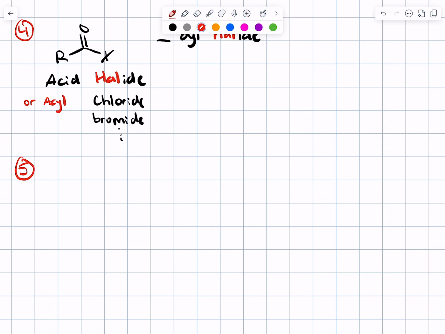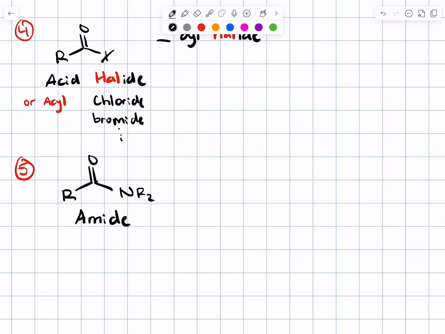Next, we have an R group. Double bond to an oxygen, and then we are now bonded to a nitrogen. This is called an amide or an amide, depending on how you want to say it. I've heard it both ways.